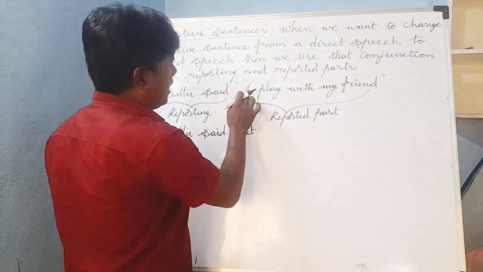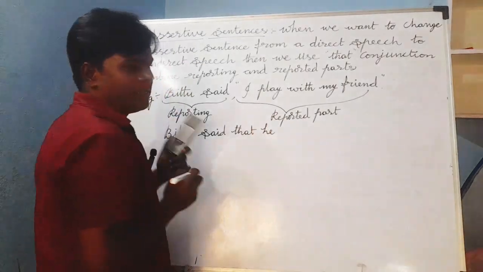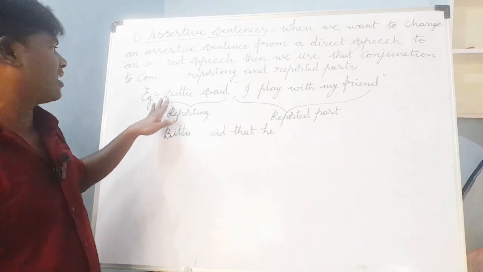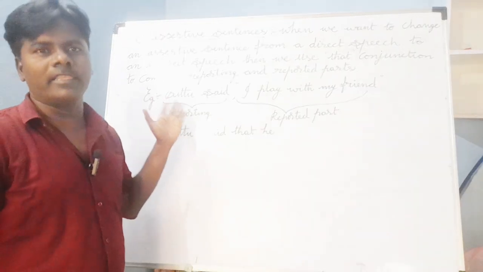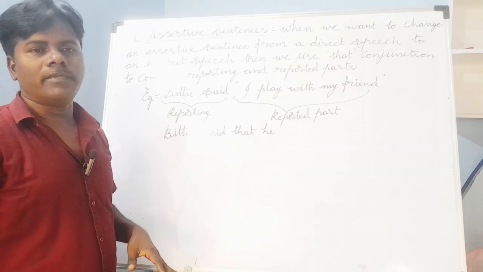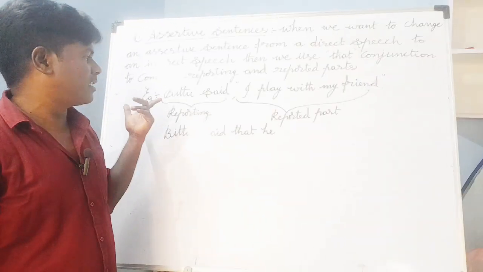So that I become he. Okay, I become he. Why? ఎందుకు ఐ అనేది హీగా మారింది? బికాస్ ఆఫ్ దిస్ స్పీకర్ ఈజ్ ఎ బాయ్. ఓకే, దట్స్ వై ఐ చేంజ్ ఇంటూ హీ. ఇక్కడ మనకి ఈ స్పీకర్ అనేవాడు ఎవడైతే ఉన్నాడో తను బాయ్ కాబట్టి ఐ బికమ్ హీ.